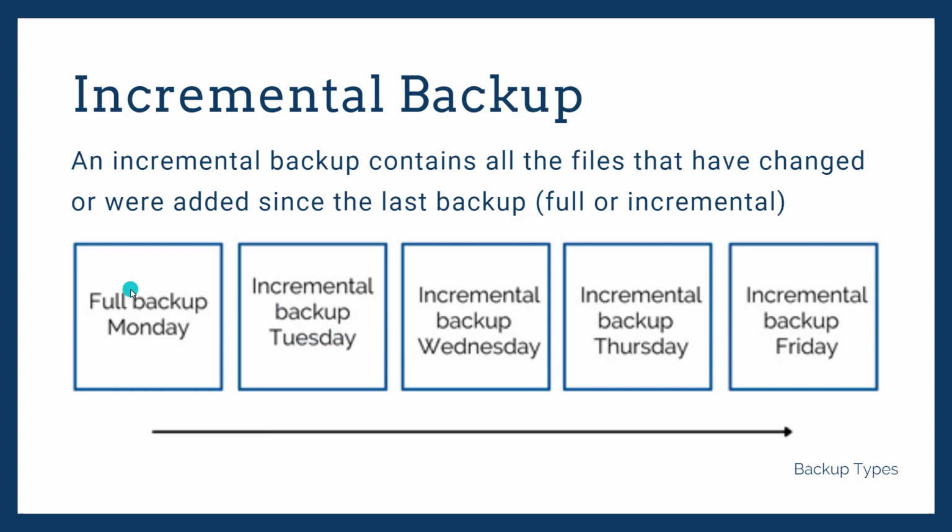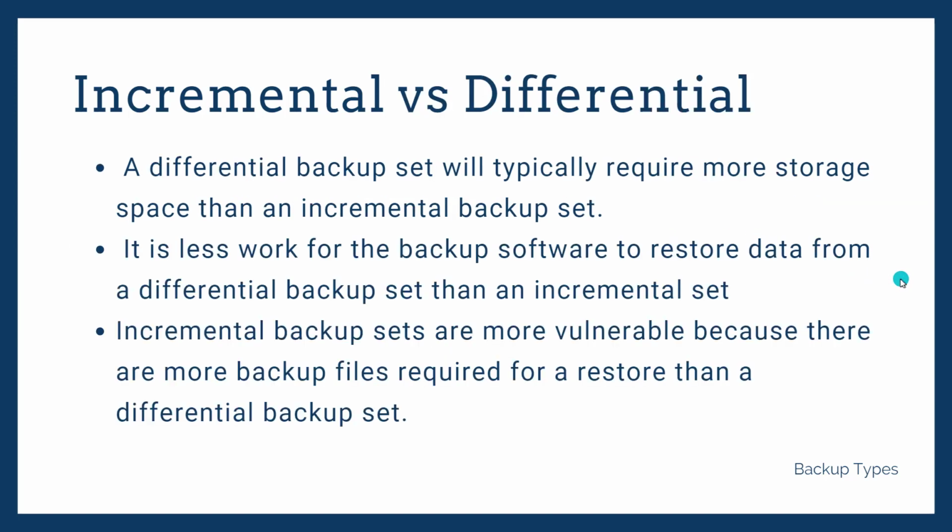Let's say you do a full backup once a month, then you're going to have a whole line of these incremental backups. And to restore from a later one, you would need all the incremental backups in between, plus the full backup.